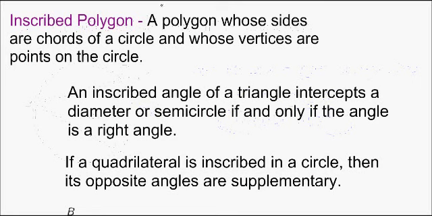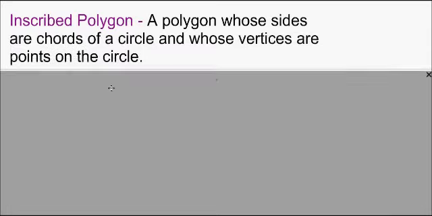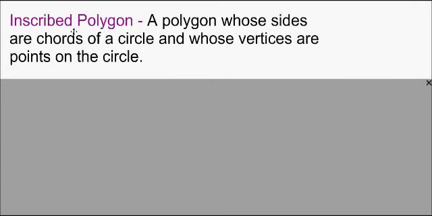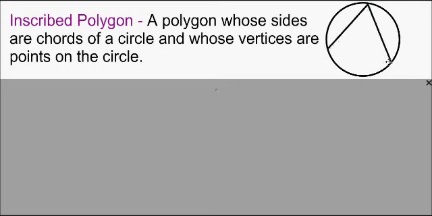Okay, an inscribed polygon is a polygon whose sides are chords of a circle and whose vertices are points on the circle. Let me draw you an example of that quickly. So if we have a circle here, I could have an inscribed triangle like this.